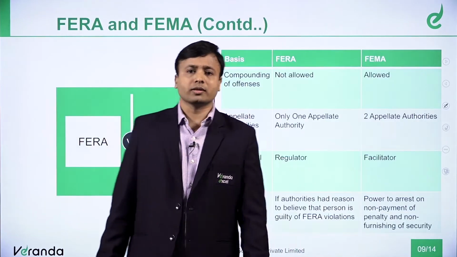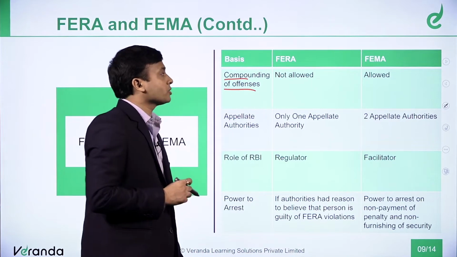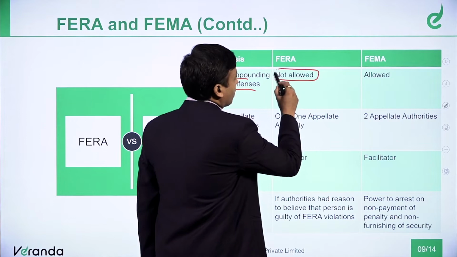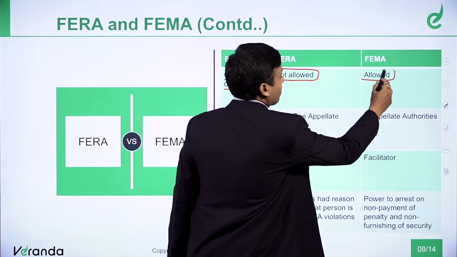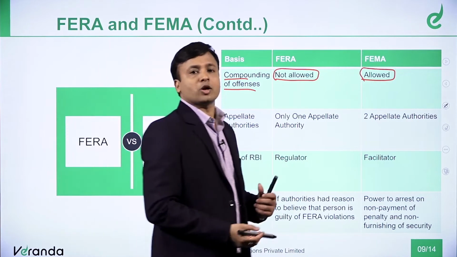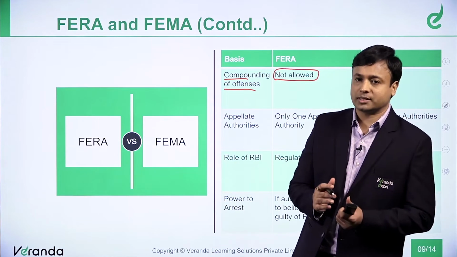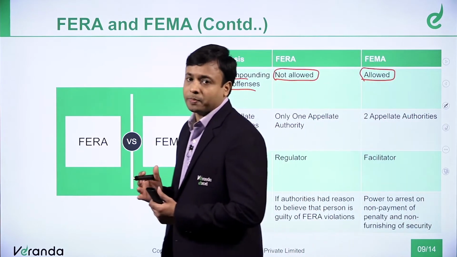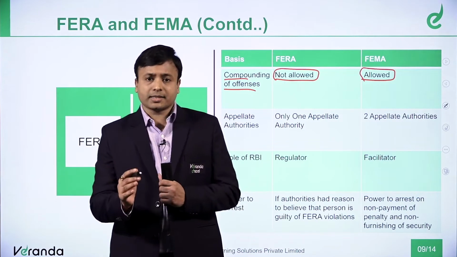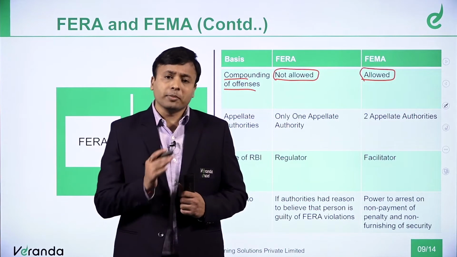Now, what were the other differences? Compounding of offences. Let us see what is compounding of offences. In FERA it was not allowed, however in case of FEMA we have allowed compounding of offences. When I say compounding of offences, let us try to understand the meaning. In case of FERA we did not allow compounding of offences, meaning in case an individual commits an offence, immediately he is arrested.